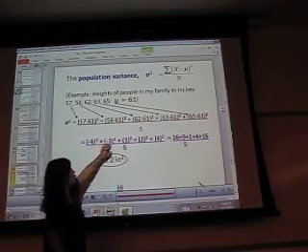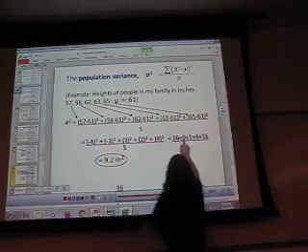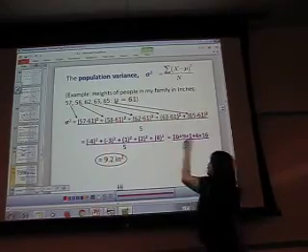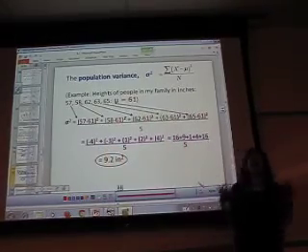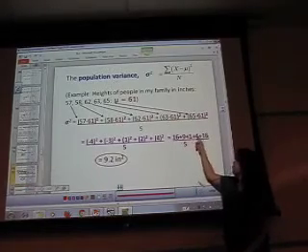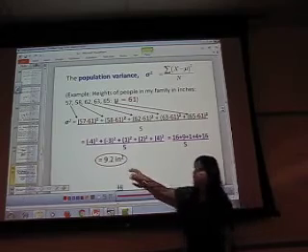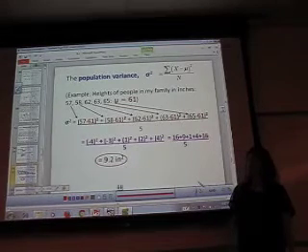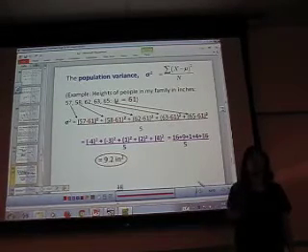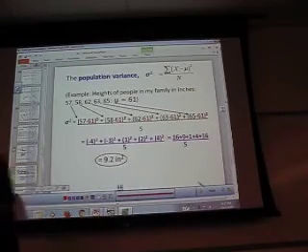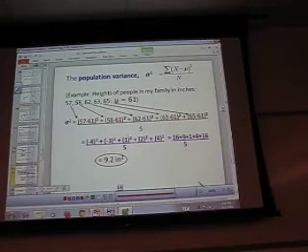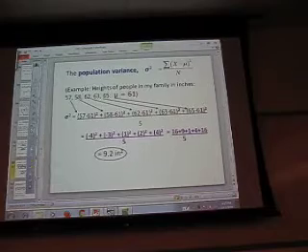Square -4, that's 16, square -3, 9, square 1, square 2, and square 4. And then average them. Add them up, divide by 5, because there's 5 of us. So our variance is 9.2 inches squared. Now remember, standard deviation, we like that better for a couple reasons. Let's take a look.